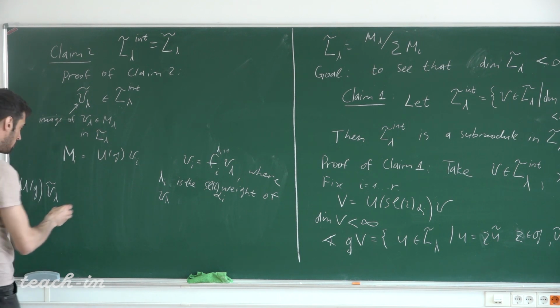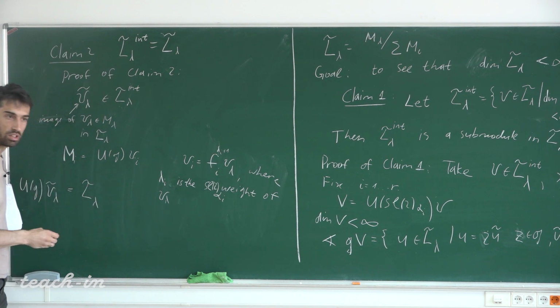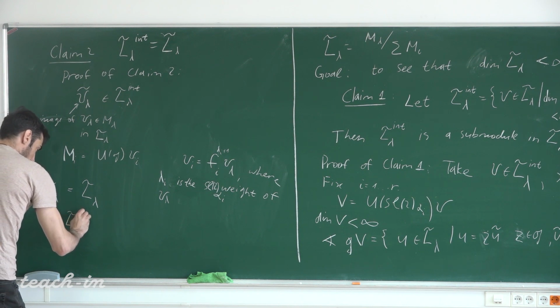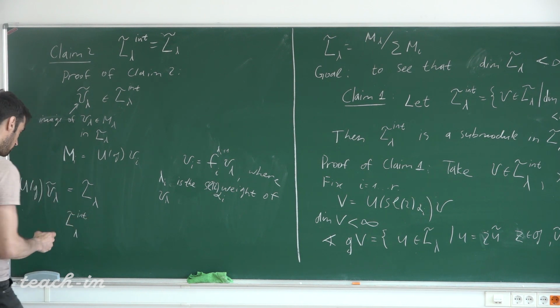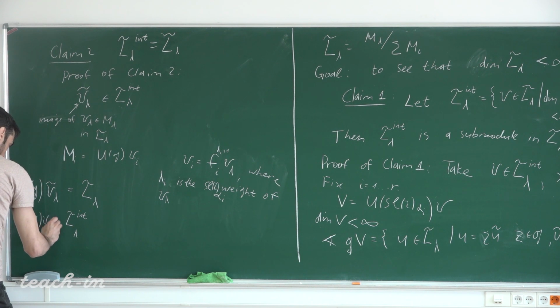On one hand, this is L lambda tilde, right? But on the other hand, since L lambda integrable tilde is a submodule, then U of g v lambda is inside.